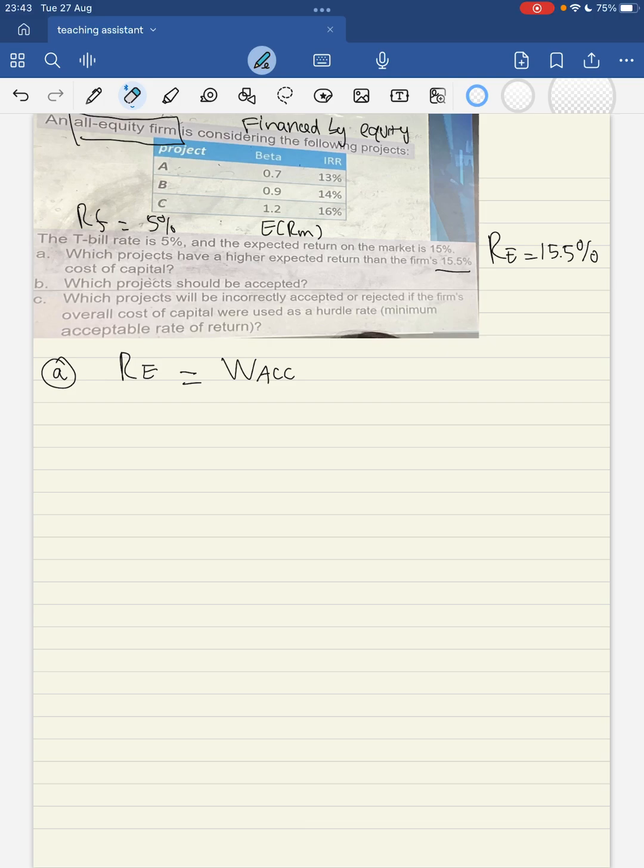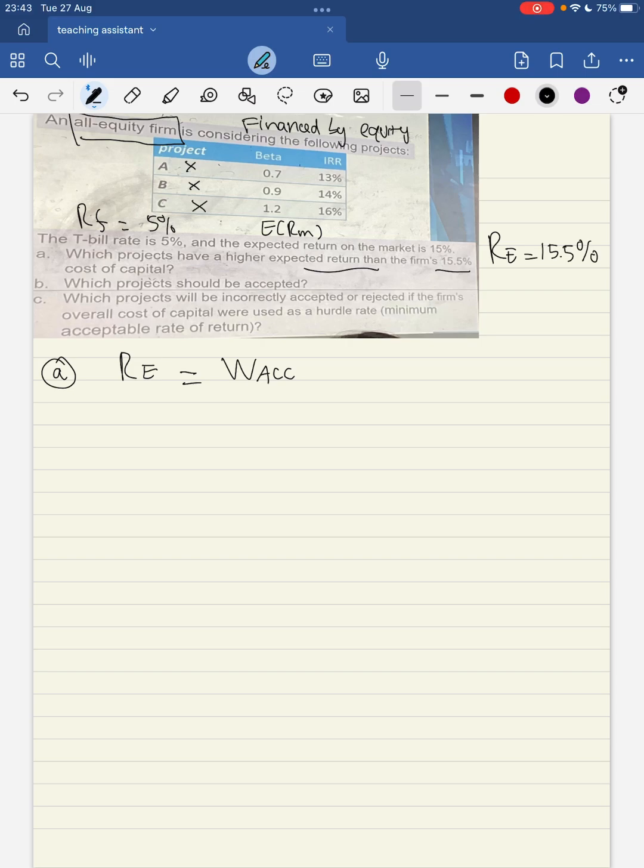So we are being asked in part A to answer which projects have a higher expected return than the firm's 15.5% cost of capital or cost of equity. So our task now is to compute the cost of equity of each project. The cost of equity of each project will be the required return of each project.